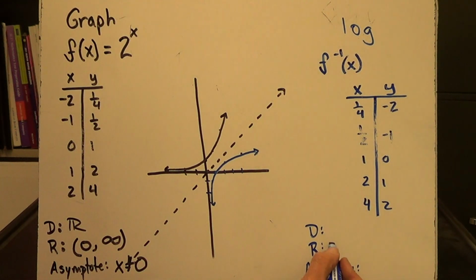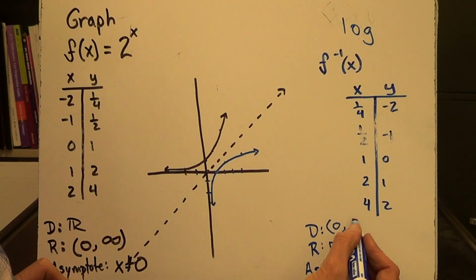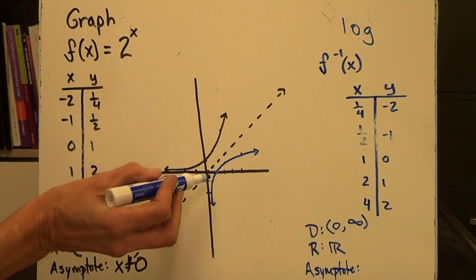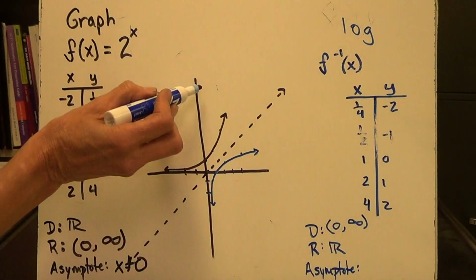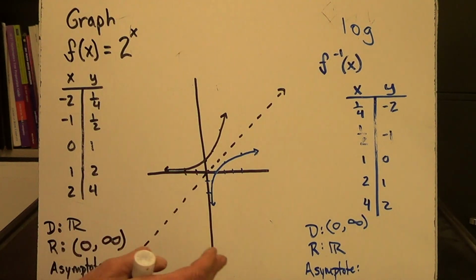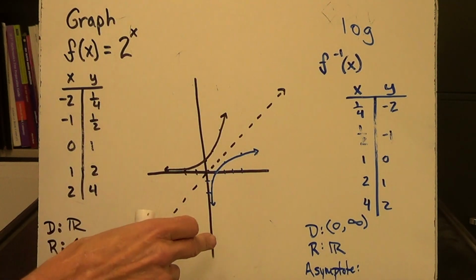So we now know our range is all real numbers, and our domain is 0 to infinity. Now let's look at our blue graph and see if that fits. Sure enough, that is our, oh, I'm sorry, I didn't quite do that the way I should have, probably. Well, it still works. Yeah, I did do it the way I should have.